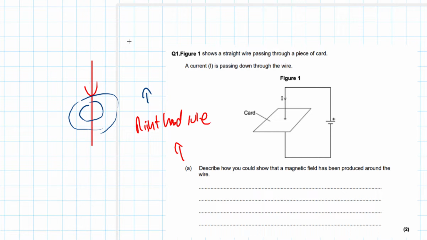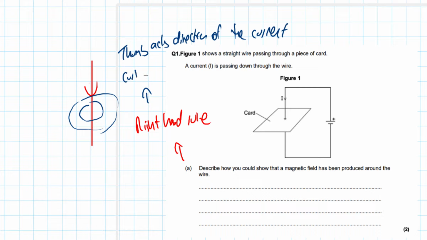And the right hand rule simply states that your thumb acts in the direction of the current, and then you curl your fingers into a fist, stick your thumb out in the direction of the current, and the curl of your fingers equals the direction of the B field.